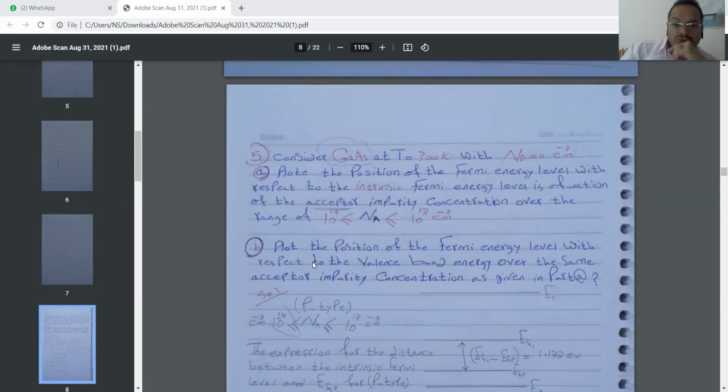Plot, that means draw, the position of the Fermi energy level with respect to the valence band, not to the intrinsic Fermi level. That means the whole situation is different. Band energy over the same acceptor impurity concentration as given in part A. We will be dealing with the same acceptor concentration values at the valence band, 10^14 and 10^17.